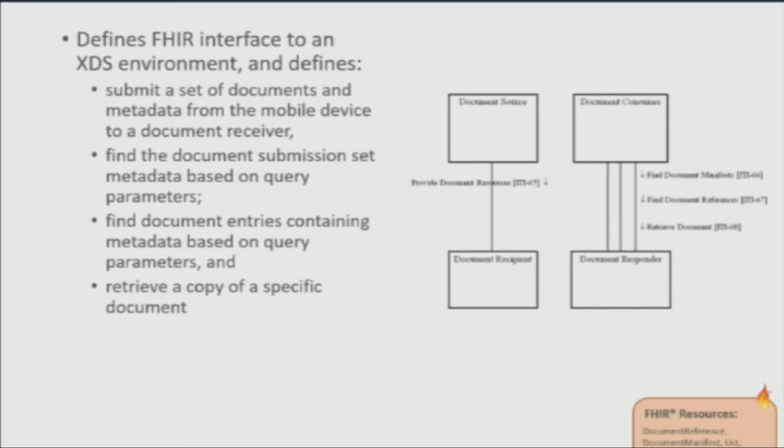The right-hand side is find submission sets, find document manifests in FHIR terms, find document entries, which is a document reference in FHIR terms, and retrieving a document itself. I was involved early on in FHIR, getting those resources put into FHIR in support of this kind of use case. So I'm actually on both sides of this, being the author of the MHD profile, but also being the author of the resources within FHIR.